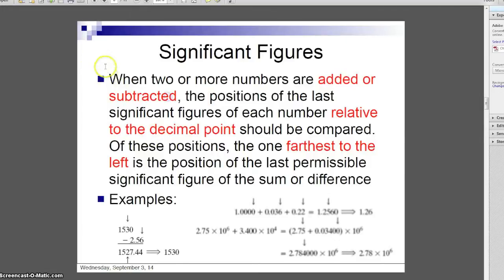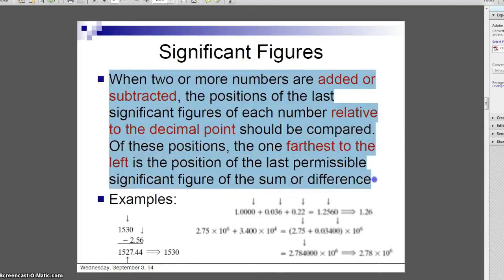So the term here: when two or more numbers are added or subtracted, the position of the last significant figure of each number relative to the decimal point should be compared. Of these positions, the one farthest to the left is the position of the last permissible significant figure of the sum or difference.